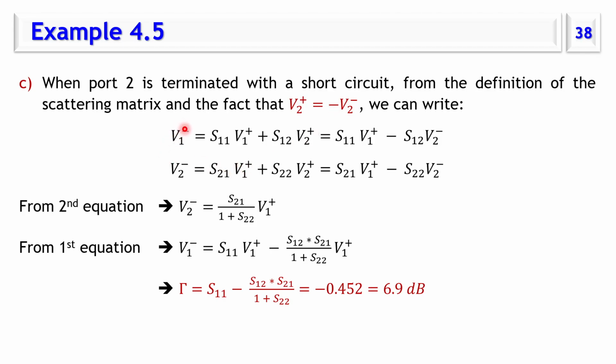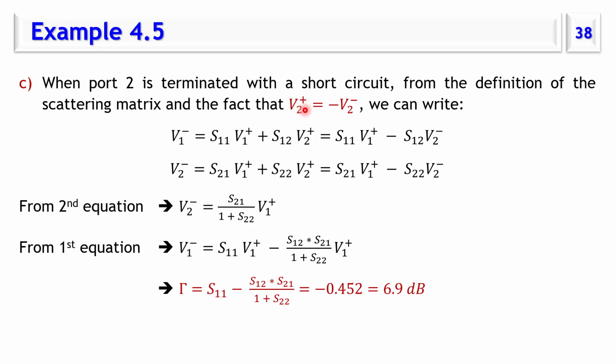So writing the scattering matrix into equations, V1 will have this expression, V2 will have this expression, and if we substitute V2 plus as minus V2 minus, we'll have this expression here.